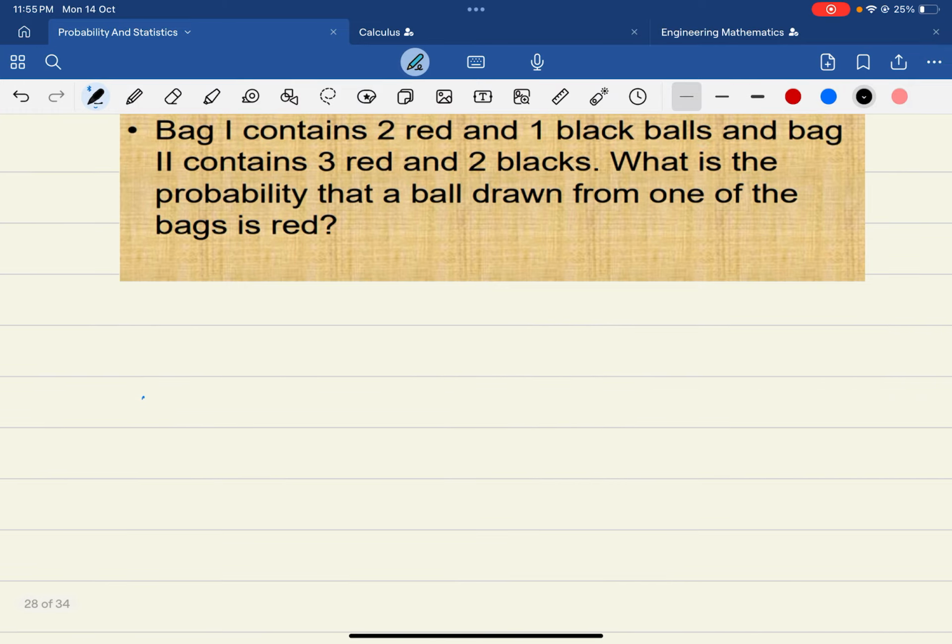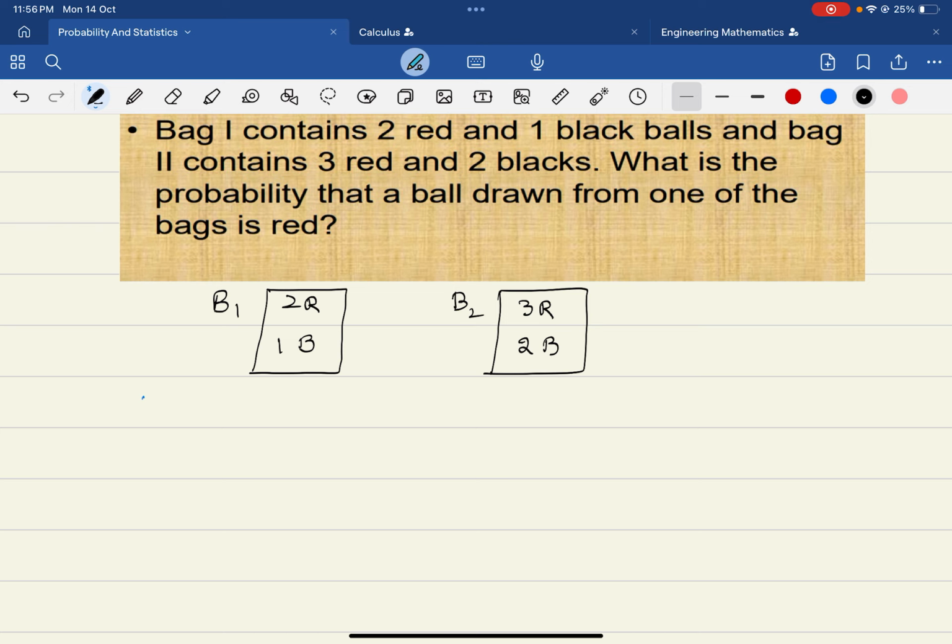Now this question. Bag 1 contains 2 red and 1 black ball, and bag 2 contains 3 red and 2 black balls. Okay.